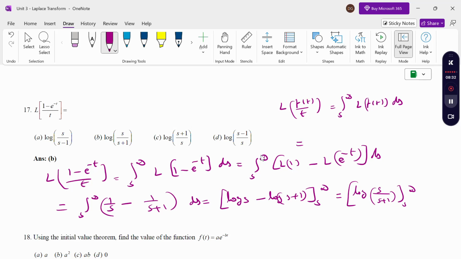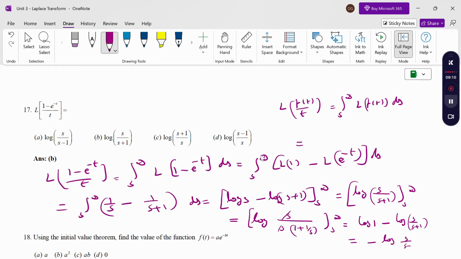When substituting the upper limit infinity, every term is infinity, so taking s common, log of s by s, taking 1 plus 1 by s, the s cancels. Now substituting infinity, 1 by infinity is 0, then log 1 is 0. Then for the lower limit, minus log s by s plus 1.